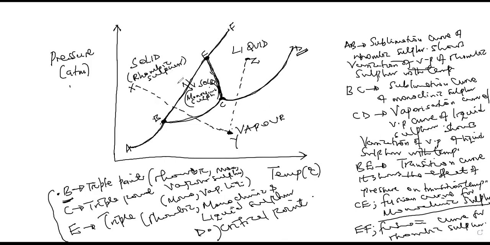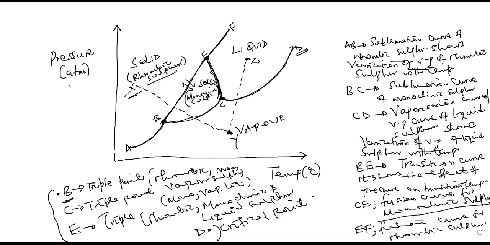For example, rhombic sulfur at X, when heated at reduced pressure along XY, changes to monoclinic sulfur before turning into vapor. It first changes to monoclinic sulfur, then it turns to vapor.